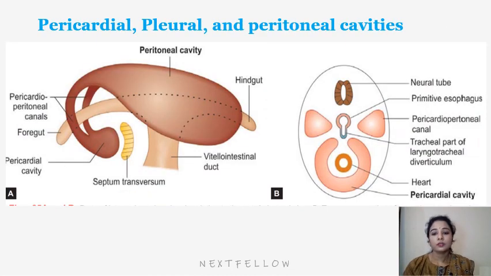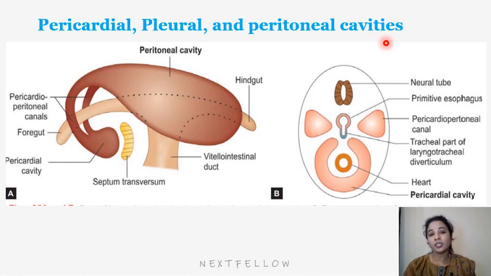Now let us understand the division of this intraembryonic coelom. Because of the head fold and tail fold of the embryo, initially it is a large continuous space, but later, because of the gradual development of these folds and also the partitioning membranes, the membranes will form, separating the cavities into 3 cavities: pericardial cavity, pleural cavity and peritoneal cavity.